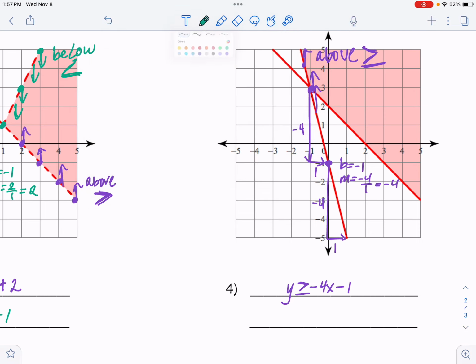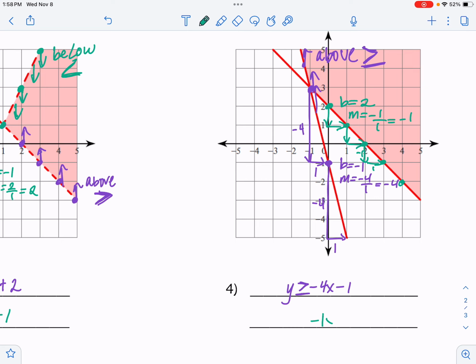Okay, and so for the second line, the y-intercept is +2. And then if I put a bunch of other good points along this line, it's going down 1, right 1, down 1, right 1, down 1, right 1. So -1 over 1, which simplifies to -1.